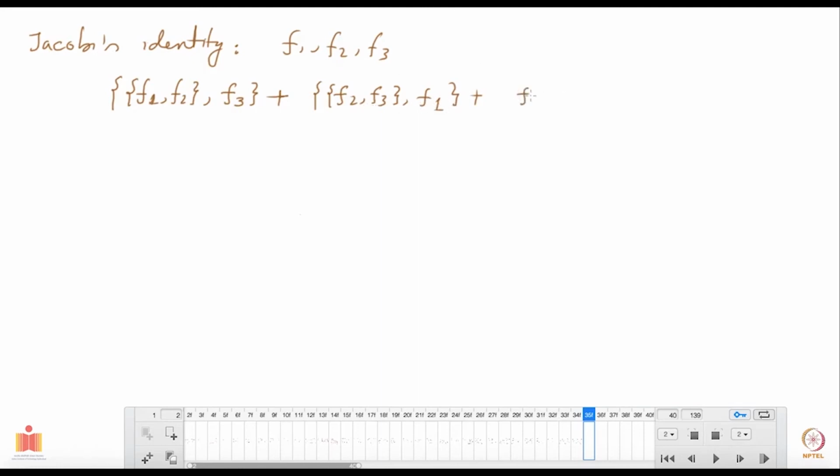So f3 comes here, then f3, f1 and f2 becomes the last one. So if you add these three up, these will be identically 0. Okay, and the reason it is called an identity is because it doesn't depend on what f1, f2 and f3 are. And that holds true for any three functions of q, p and t. Okay, so this also you should verify by using the definition of the Poisson bracket.